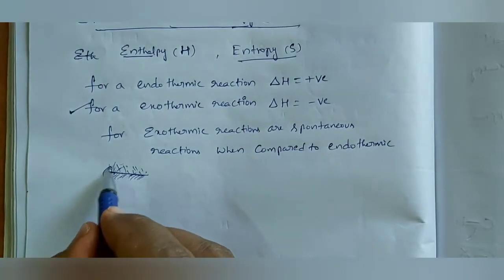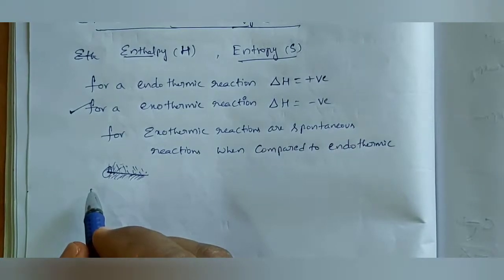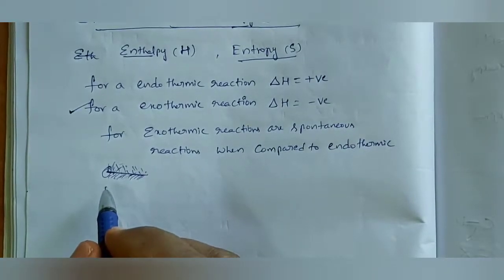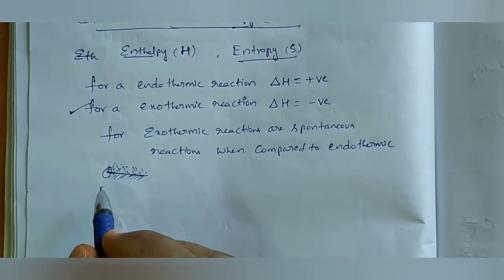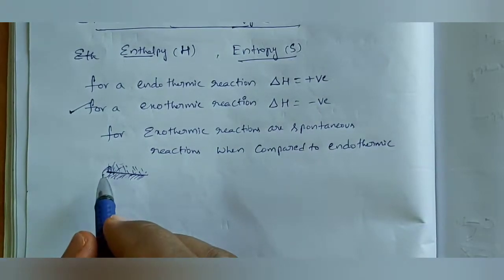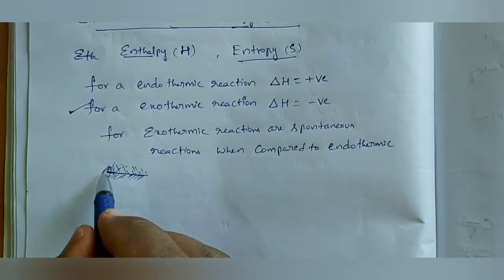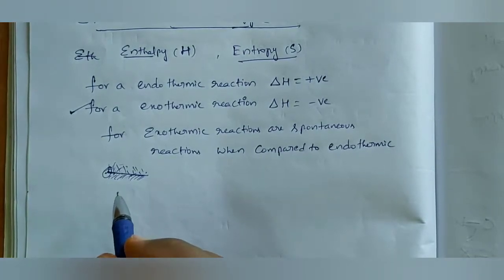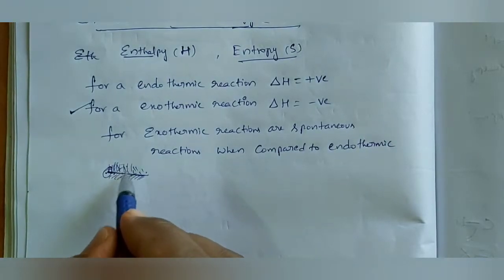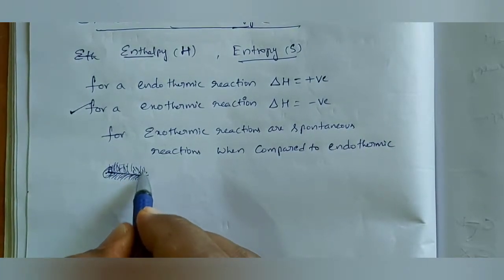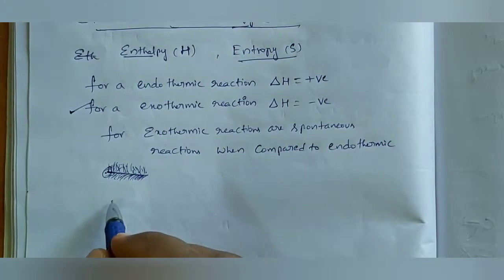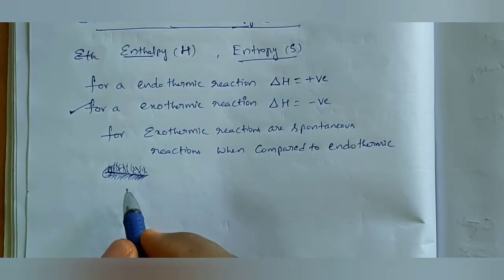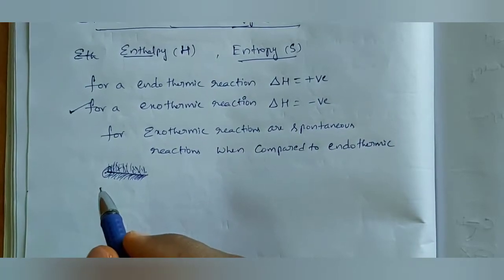Initially we have to supply some energy for every reaction, even an exothermic one, because old bonds must be broken, and to break those bonds some energy is required. So if you give some energy initially and then remove the candle, the sparkler keeps on firing up to the completion of the compound present in it. Why? It is an exothermic reaction. Spontaneously, easily it will happen.